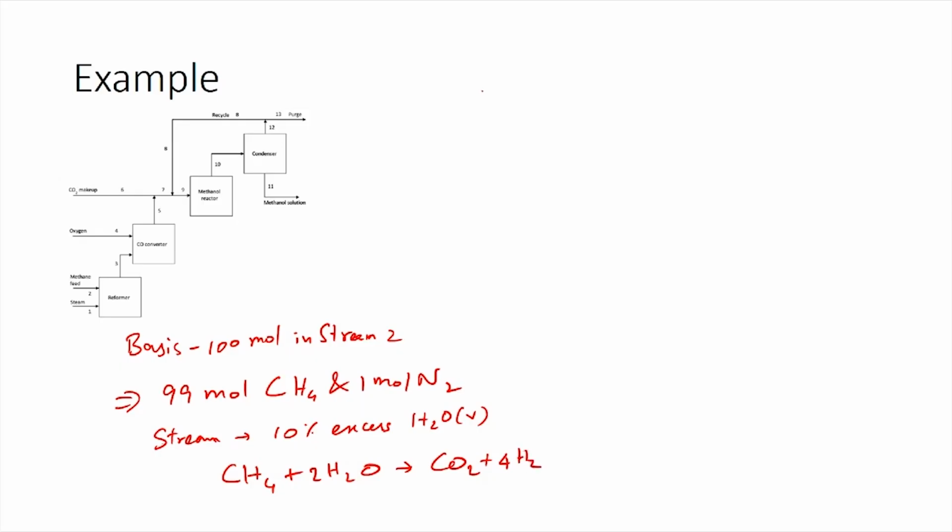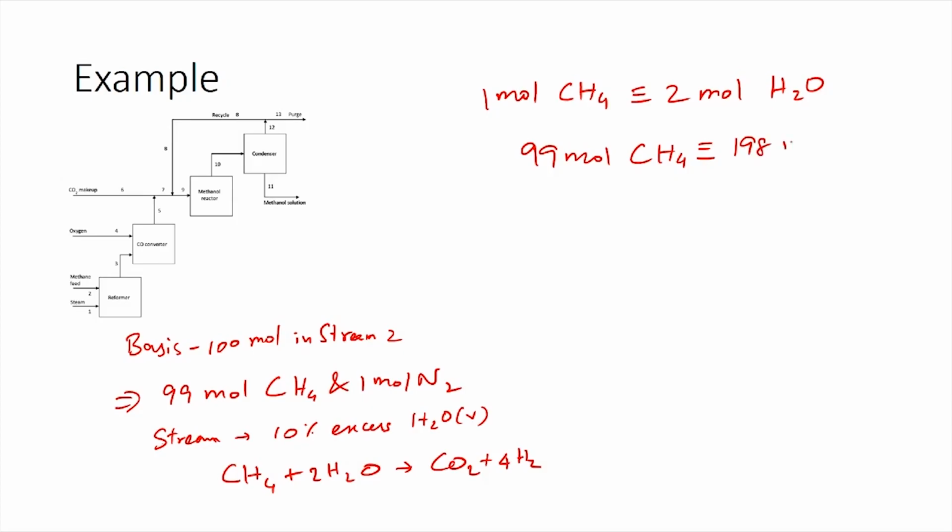So, this means for every mole of methane fed, you require 2 moles of water vapor or steam. So, here 99 moles of methane is fed, which means 198 moles of steam is required.